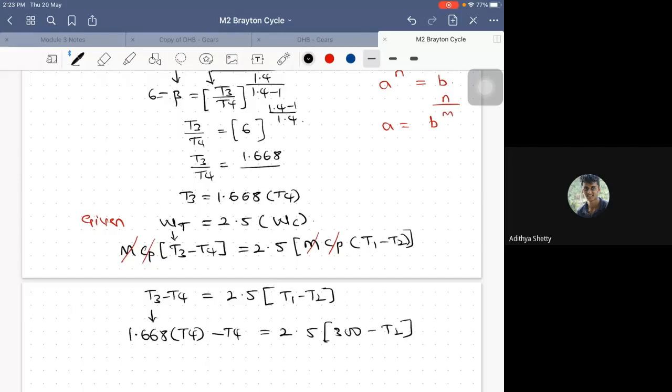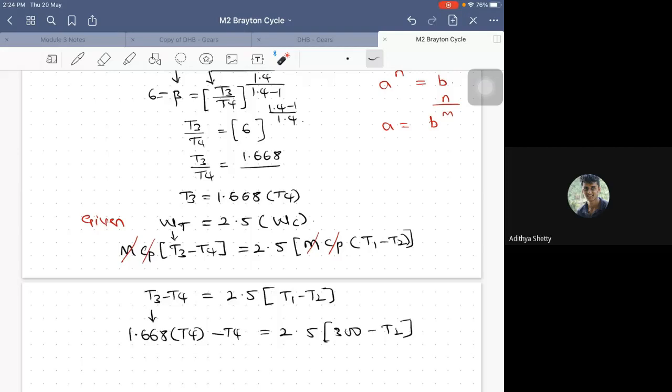Very good. See, one thing to analyze here. This particular equation is given for you, thinking that both turbine work and compressor work are positive. It is 2.5 times the compressor work, thinking that these two terms are positive. So if I substitute the value of T1 minus T2, what will be my work done?